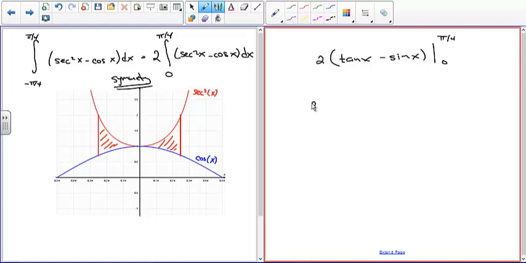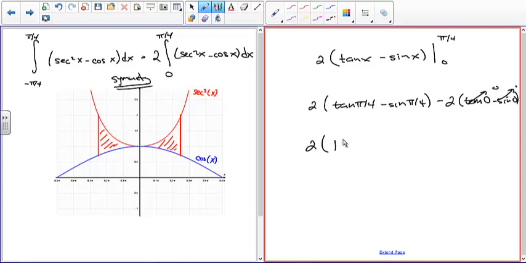So when we plug in the upper limits, we'd have the tangent of pi over 4 minus the sine of pi over 4. And then we subtract 2 times the tangent of 0 minus the sine of 0. These are 0. The tangent of pi over 4 is 1.